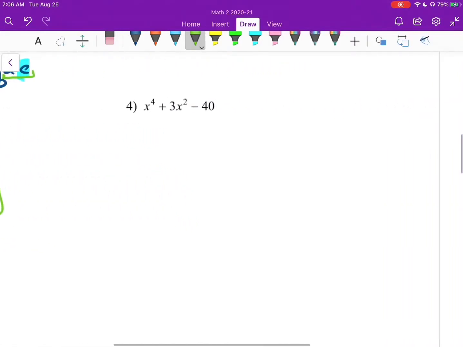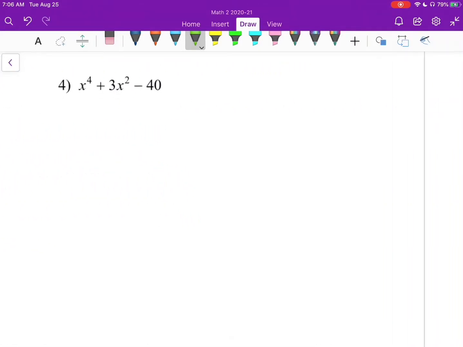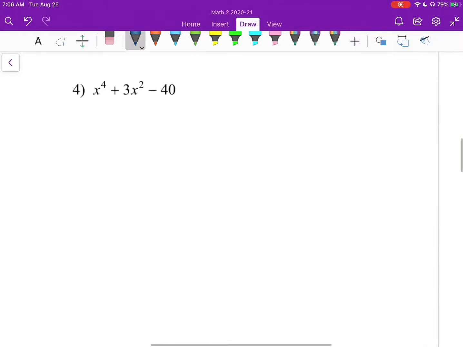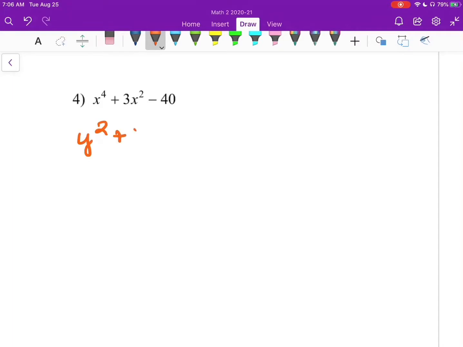Okay, number 4. Now it gets a little bit different. So normally, well here, let me rewrite this. If we had it written as y squared plus 3y minus 40, we would know how to factor that.